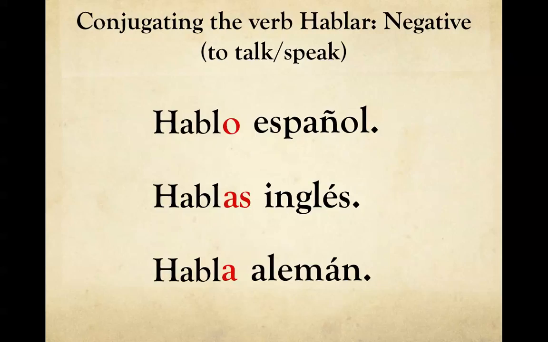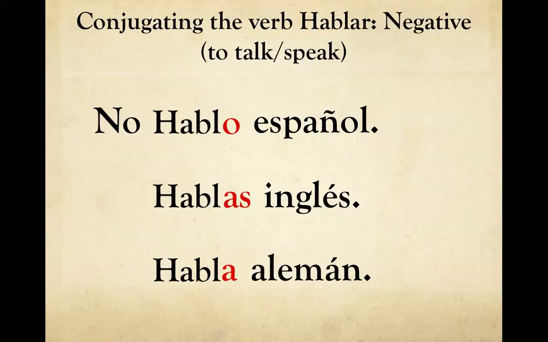So now if we want to take the verb hablar and make it a negative sentence, meaning I don't speak Spanish, we make a simple negative by just adding the word no. So to say I don't speak Spanish, we just say no hablo español. All we have to do is put the word no in front of the conjugated verb and it makes it a negative idea.